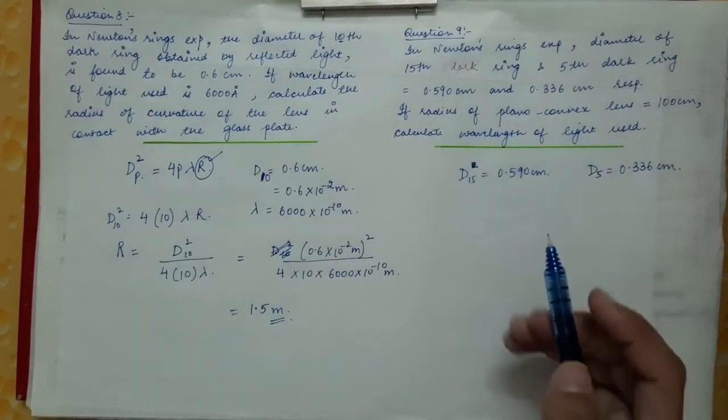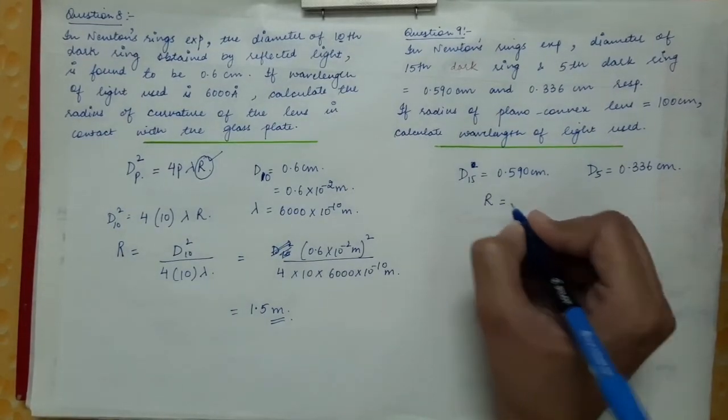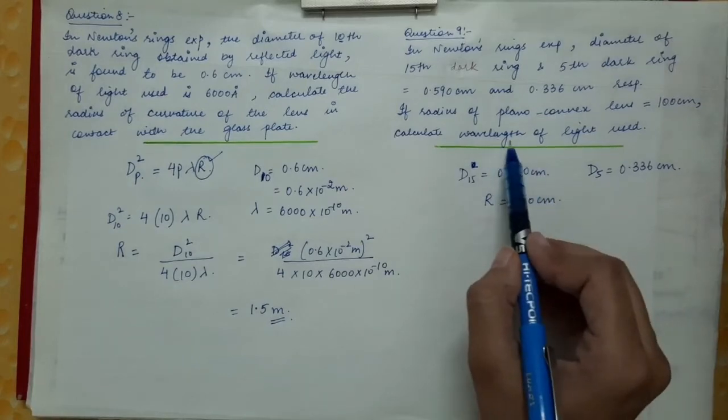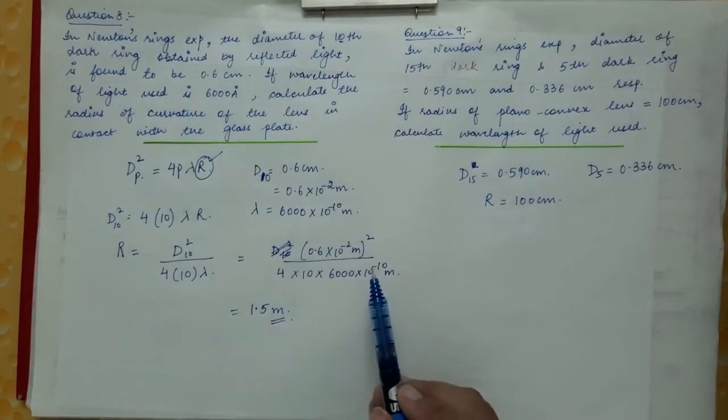The radius of the plano convex lens, capital R, is given as 100 centimeter, and we have to find the wavelength of the light which is used.